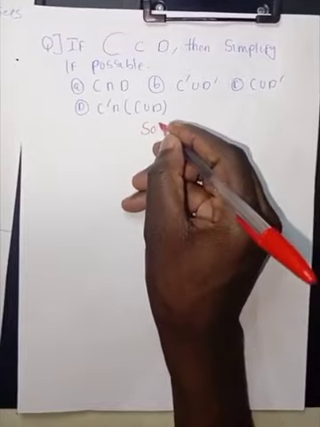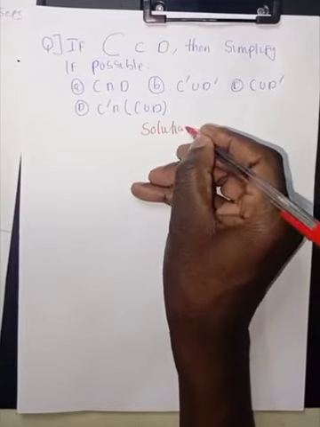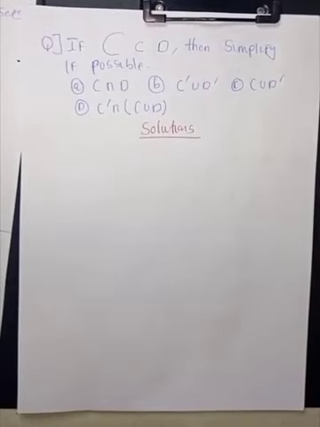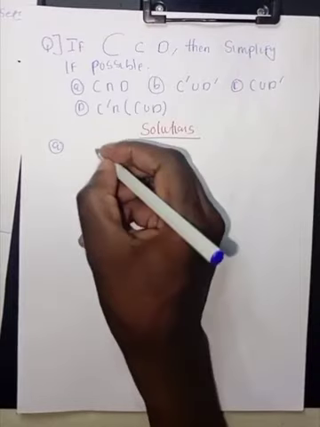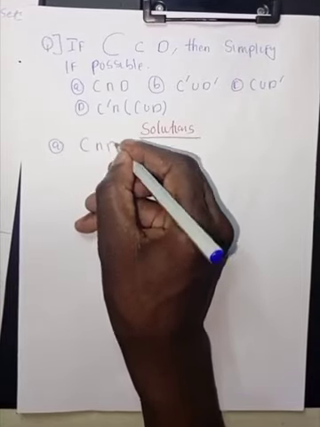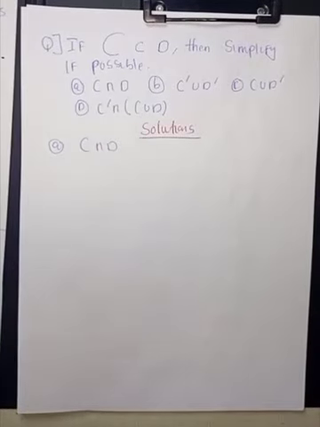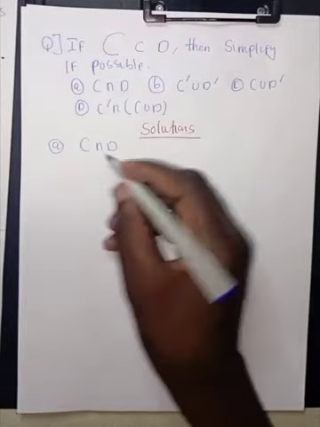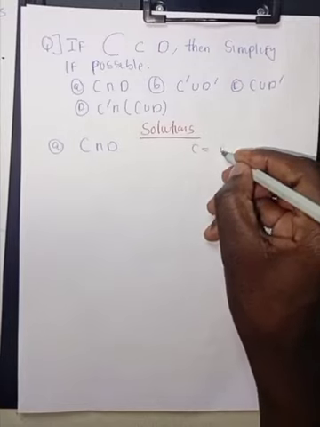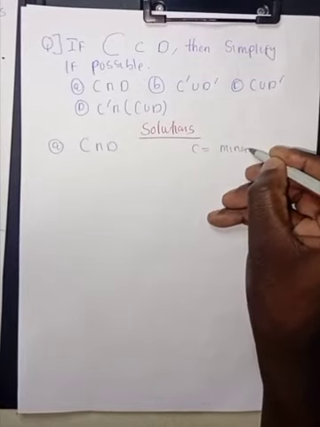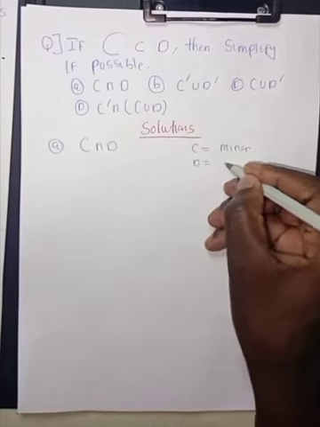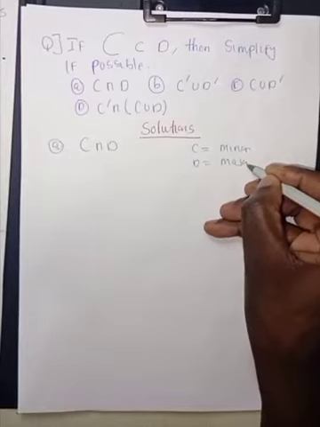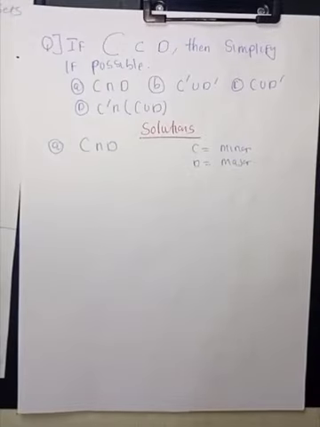So solutions. Our A is C intersection D. Now if C is a subset of D, meaning here our minor set is basically C, and then D is the major set.